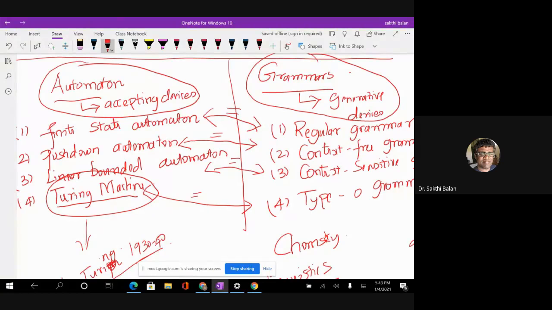So whenever we want to check what are the problems that can be solved by any computer, we can find what is the set of problems that is solvable in a Turing machine, which is equivalent to the set of problems that is solvable by a computer, right? So that is the beauty of having an abstract machine. Now, when you are building an abstract machine, you don't have to look at the specificity.